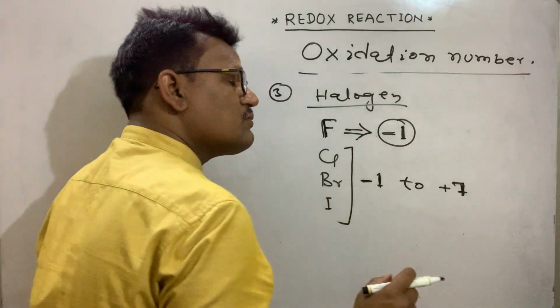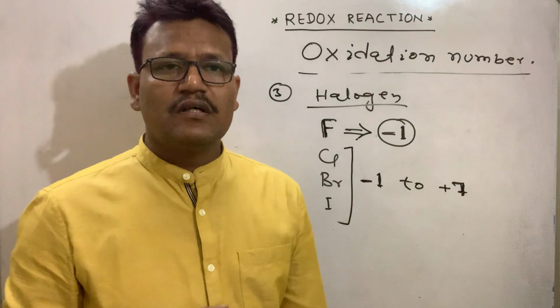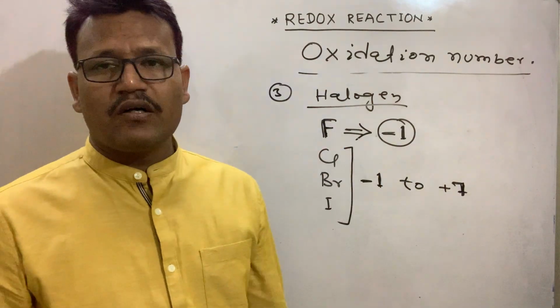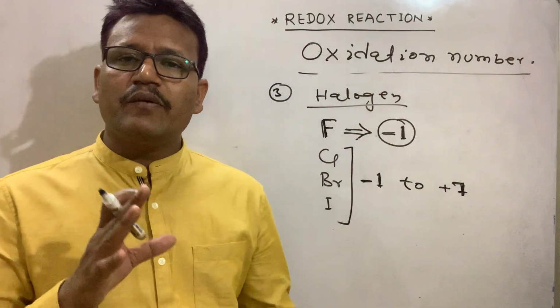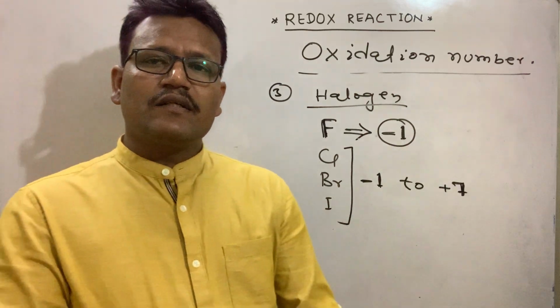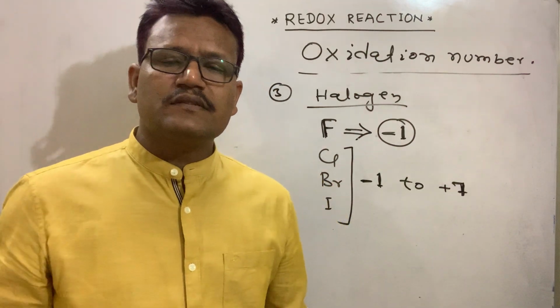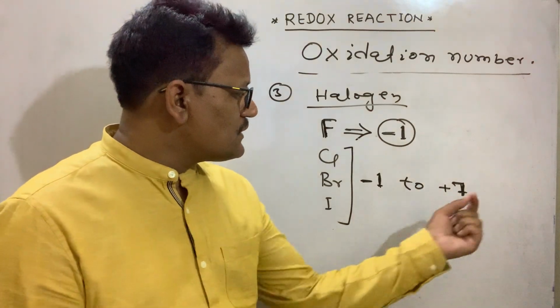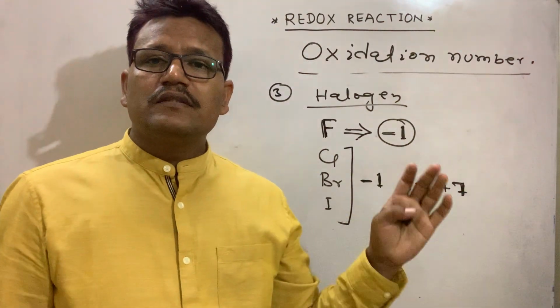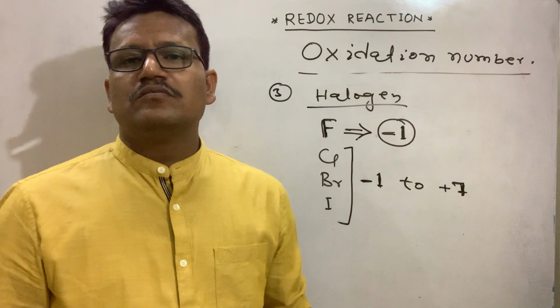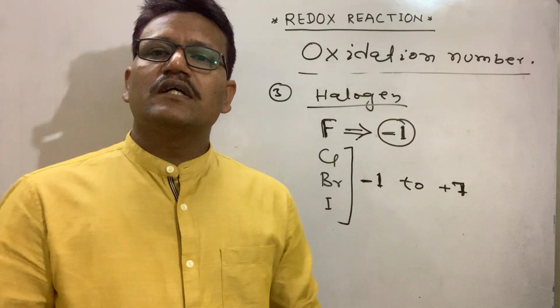+7 is the maximum oxidation number of chlorine, bromine, or iodine, because it has 7 electrons in its outermost shell. If we want to lose all electrons, because it has 7 electrons, it can lose 7 electrons, nothing more than that.